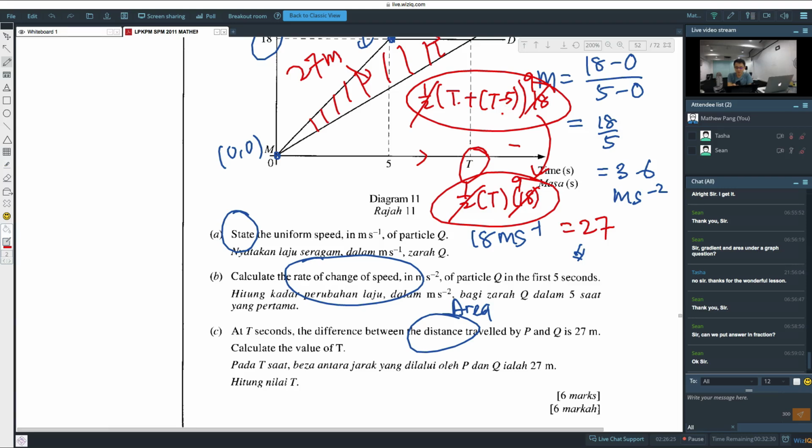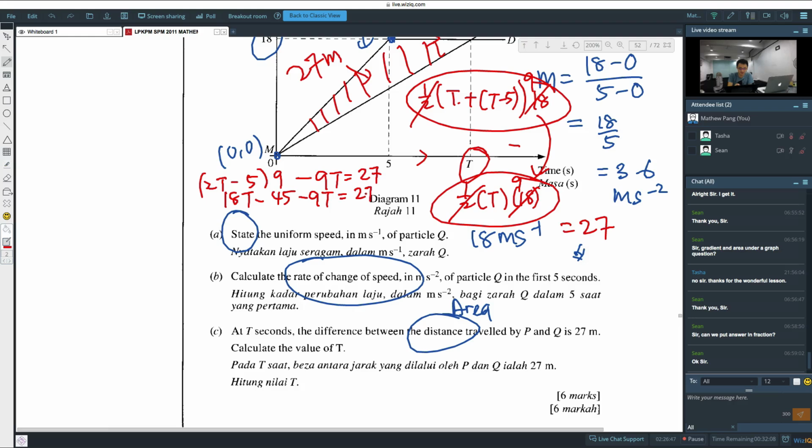And then I solve this one. This is 18T minus 45 minus 9T equals 27. So 18T minus 9T is 9T. 45 moves to the other side as plus 45, you will get 72. So T is just equal to 8. Okay, it's just like this.